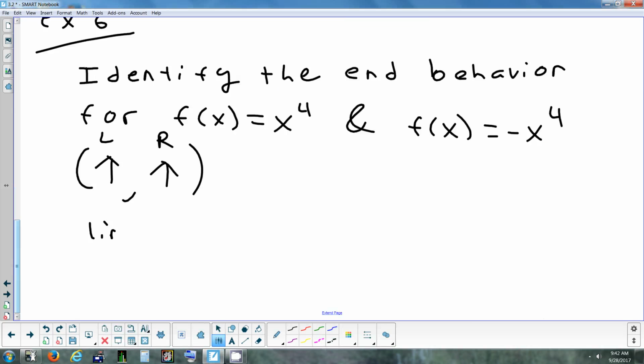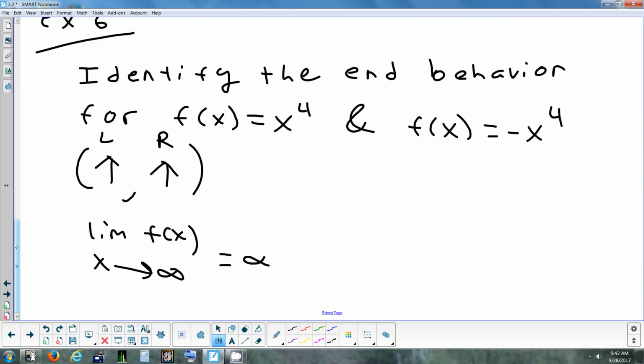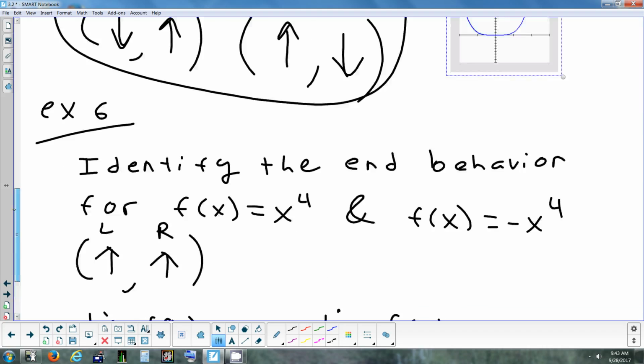Another way we could say it, what's happening to y as x approaches infinity? Look at that graph. What happens to y as x gets bigger and bigger? It approaches infinity. And what happens to y as x approaches negative infinity?